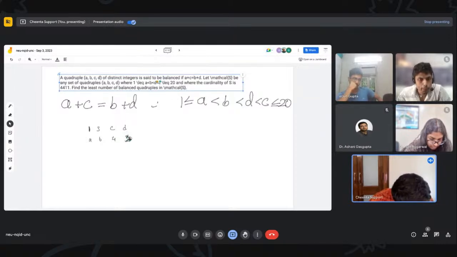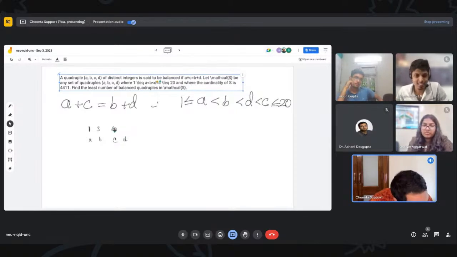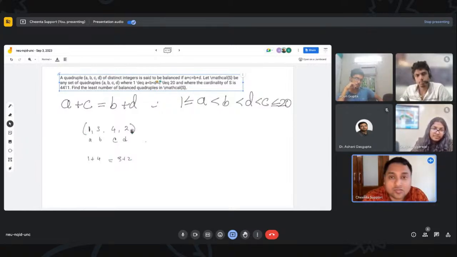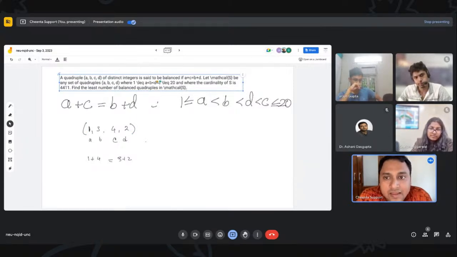So A B C D is 1 3 4 2. A plus C is 4, B plus D is 2. So we say that A B C D, 1 3 4 2, this quadruple is balanced.